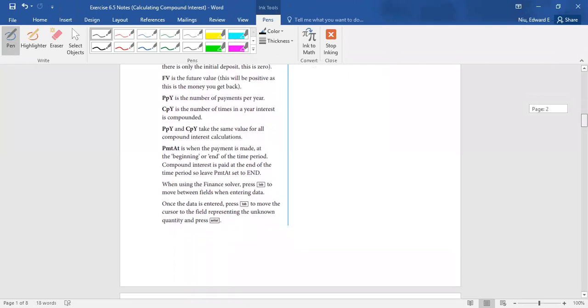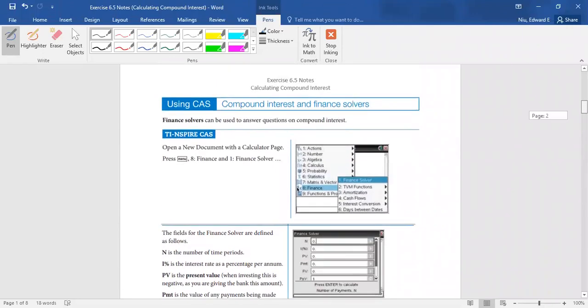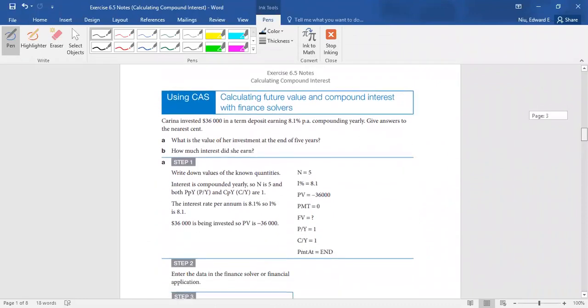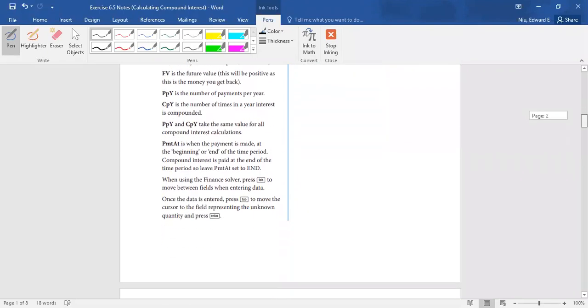We're really just going to skip past this and take a look at an example because there's no point looking at a blank solver. Unless you want to check out what the abbreviations mean, have a read there.